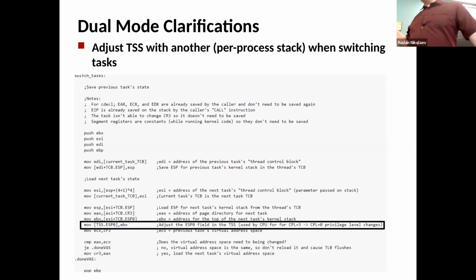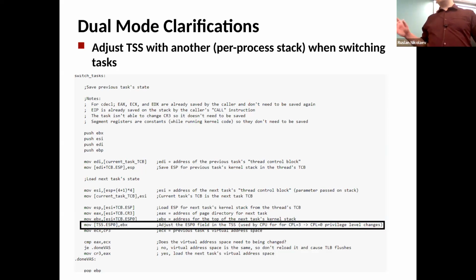Now the next task wants to execute on the same CPU. It cannot use the same kernel stack for that CPU. It has to use a per-process or per-task kernel stack, right? Because the other task was preempted. That means it was stopped somewhere in the middle. So as soon as you have this preemption, you have to maintain separate stacks.